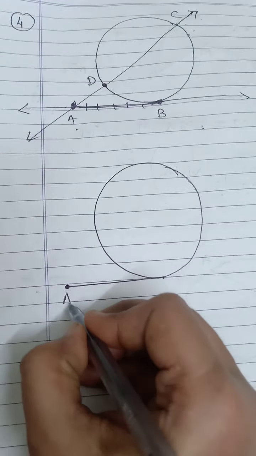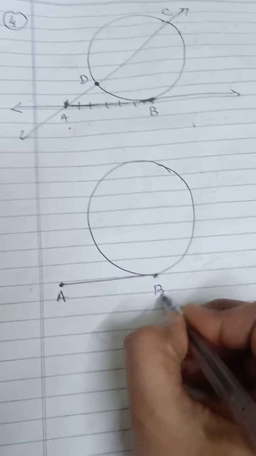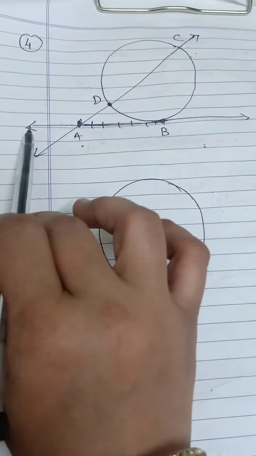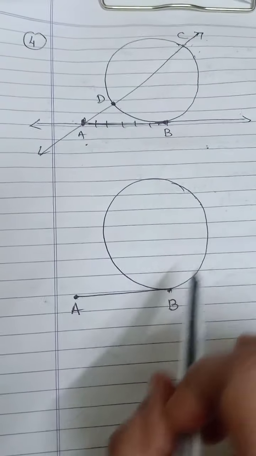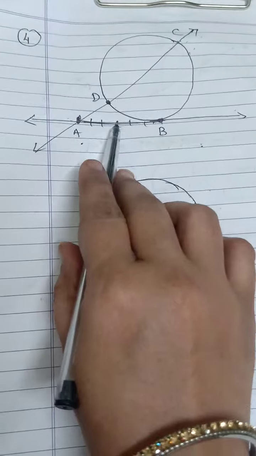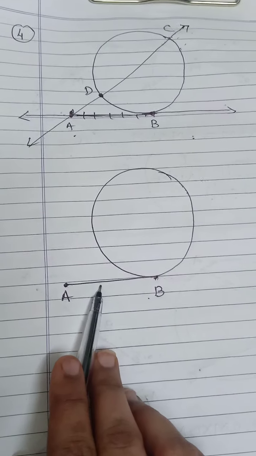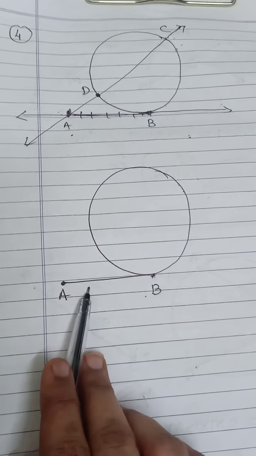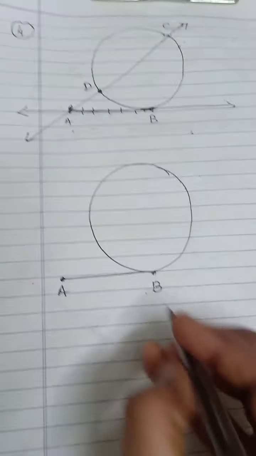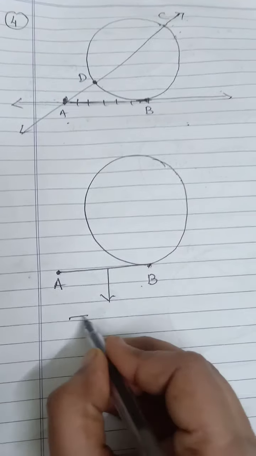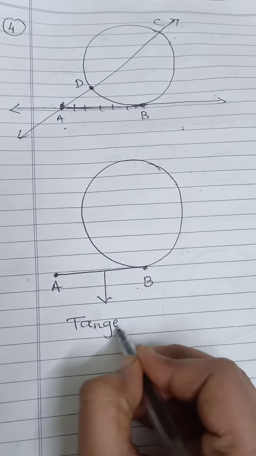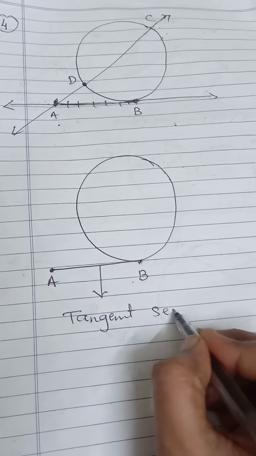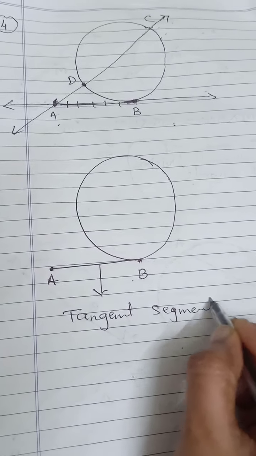So this is point A and this is point B. That means some part from this tangent I am taking, and it is nothing but a segment. So this segment we have taken from the tangent, therefore this is called tangent segment.